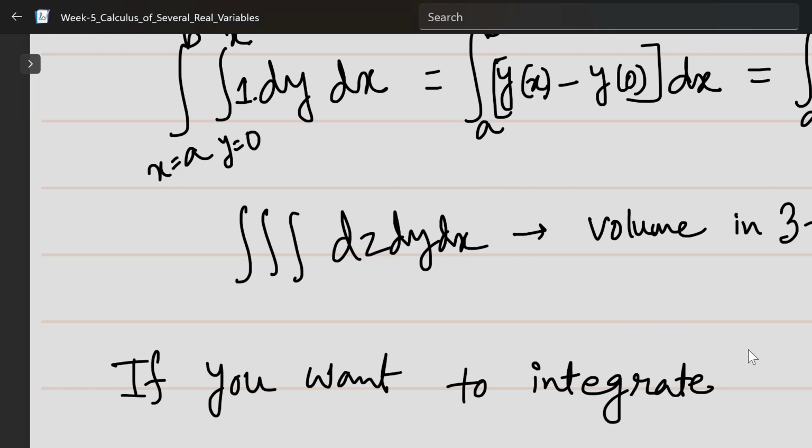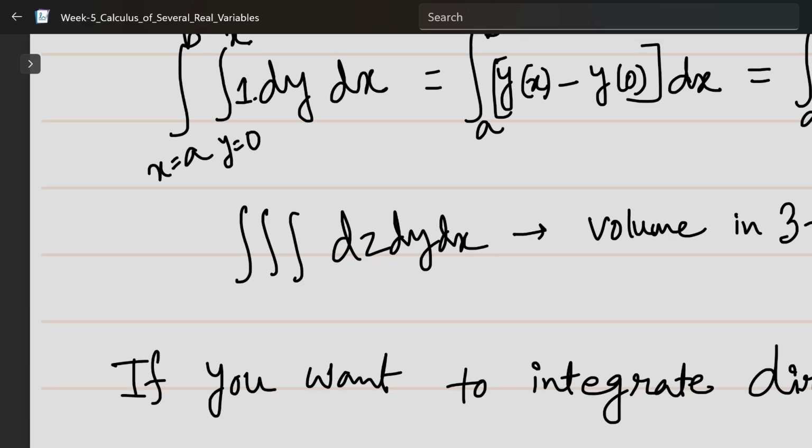So I am telling something about multiple integrals, most precisely double integrals. If you want to integrate directly, given some integral f of x, y dy dx, you first integrate with respect to y, then with respect to x.